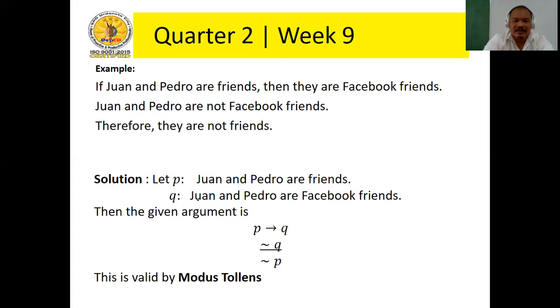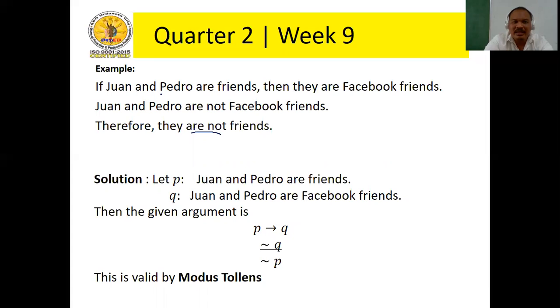Okay. Now, we have the presence of are not. So you negate, no? That's why negation of Q is are not. Okay. Then the given argument is P, then Q. Okay. So we have the symbol like conditional.